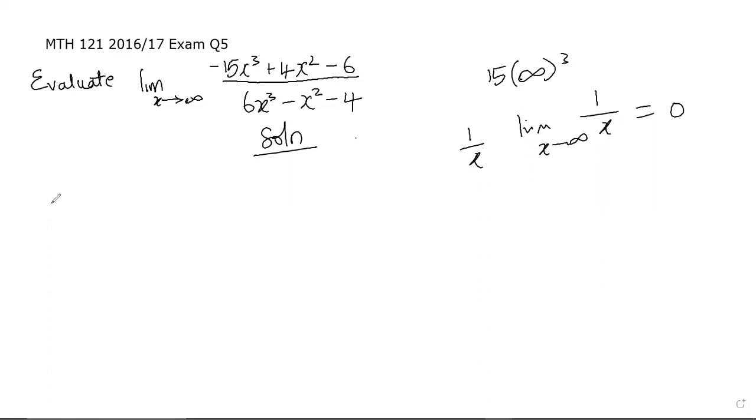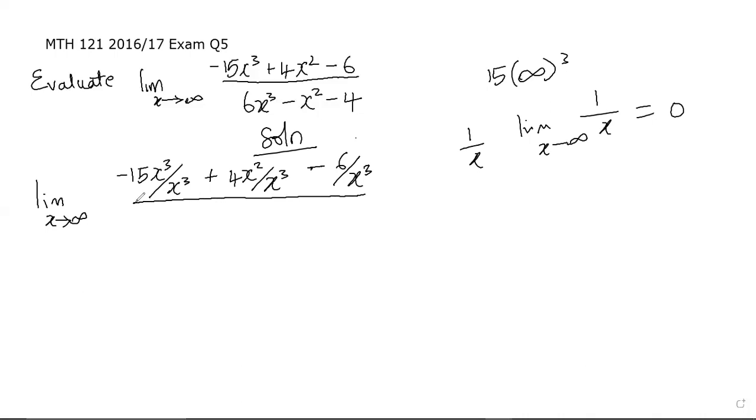So solution. If I divide through by x raised to power 3, I'll be having this: limit as x approaches infinity, we're having minus 15x raised to power 3 divided by x raised to power 3, plus 4x raised to power 2 divided by x raised to power 3, minus 6 over x raised to power of 3.